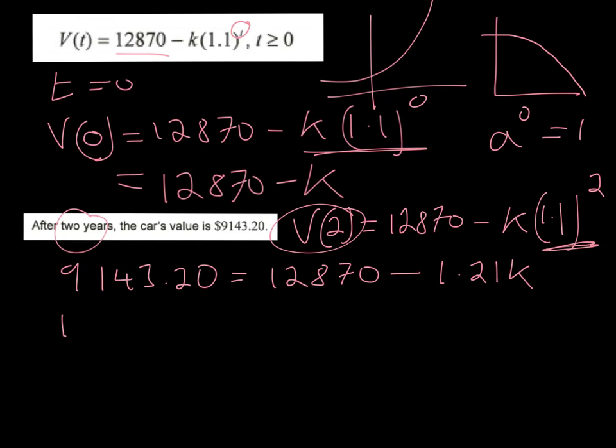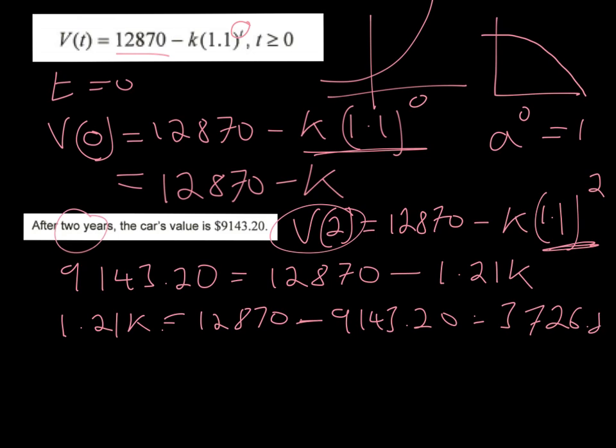So 1.21k is going to be equal to 12,870 minus 9,143.20, which equals 3,726.8.